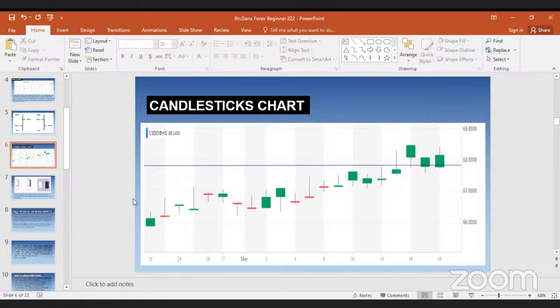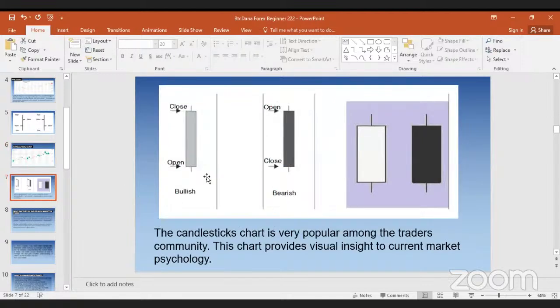So that is all for our candlestick chart pattern. This is another example of a candlestick pattern. The candlestick is very popular among the trading community. The chart provides visual insight into current market psychology. Just as I've explained, they provide you a better way of analyzing the market because every candle means something.